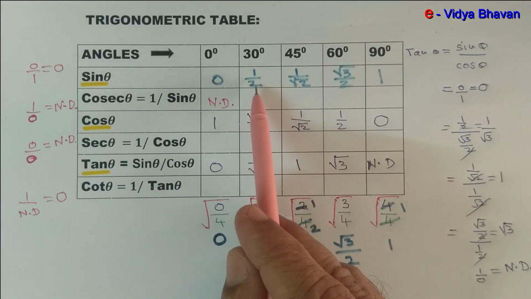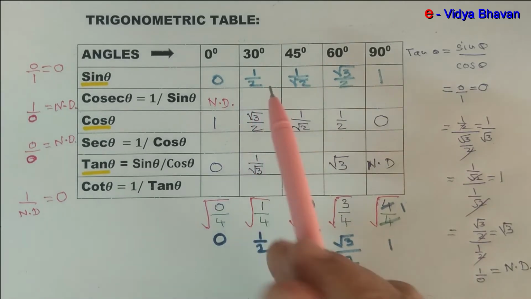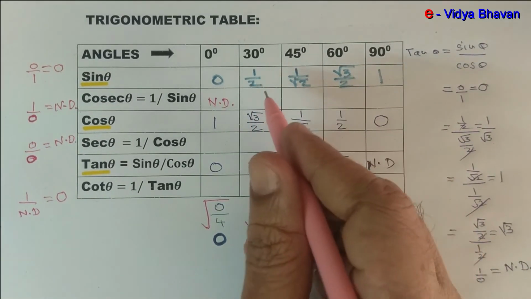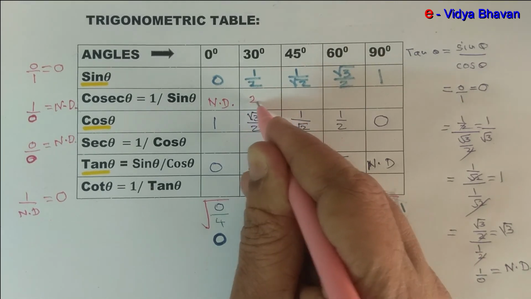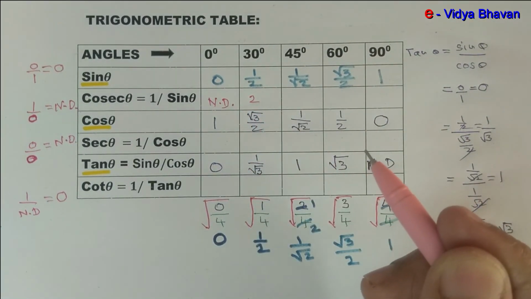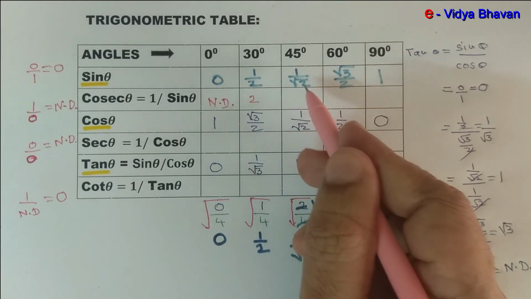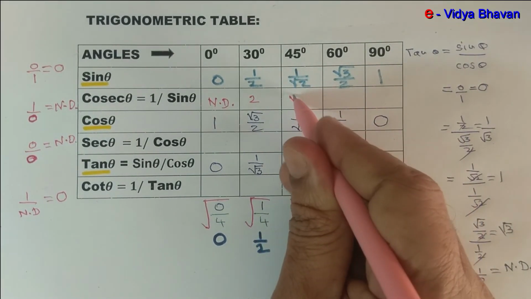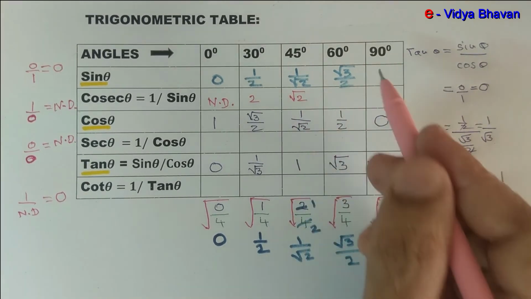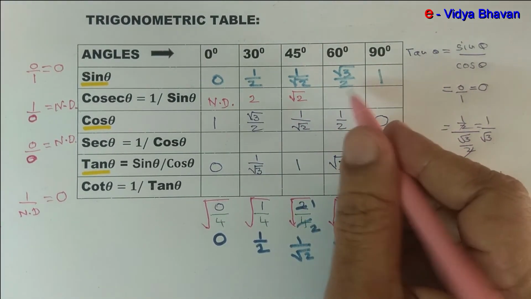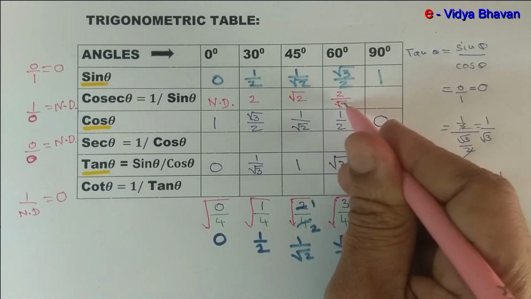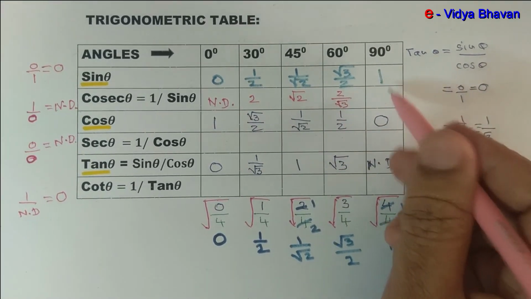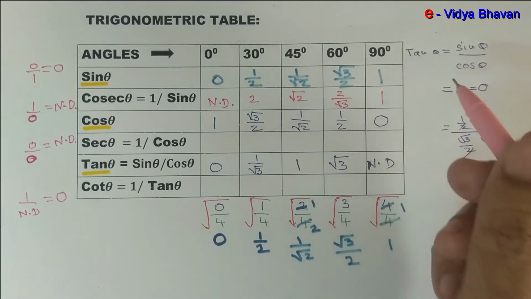Sin theta here is half, so take the reciprocal of this. 1 upon 2 becomes 2 upon 1, that is 2. 1 upon root 2 becomes root 2. Root 3 upon 2 becomes 2 upon root 3. And 1 upon 1 becomes 1.